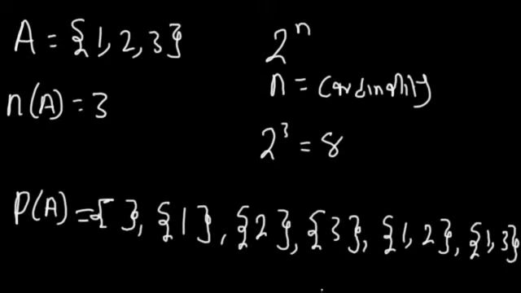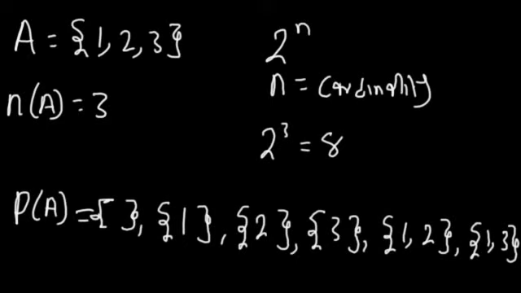Now we are done with 1. The next one is 2. I want you to know that {1, 2} is the same as {2, 1}, so don't repeat this. They are the same. Now {1, 3} is the same as {3, 1}, so you are not repeating this anymore. The next thing you have to do is change to the next level.